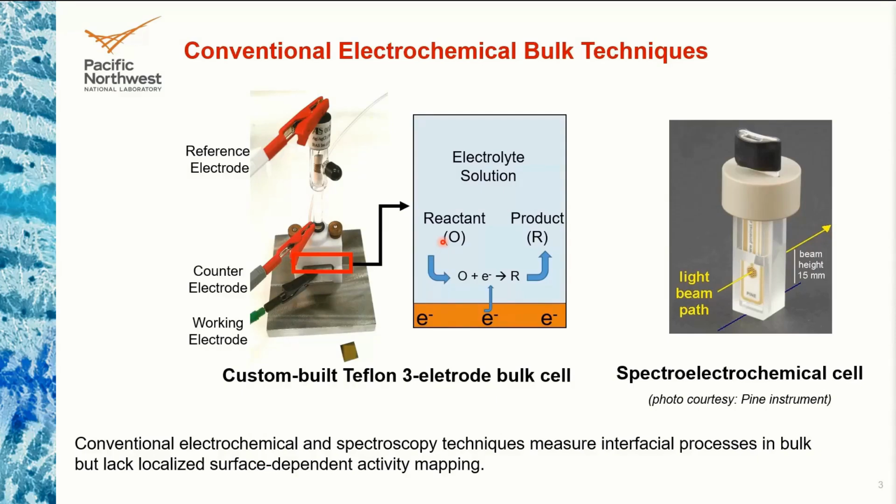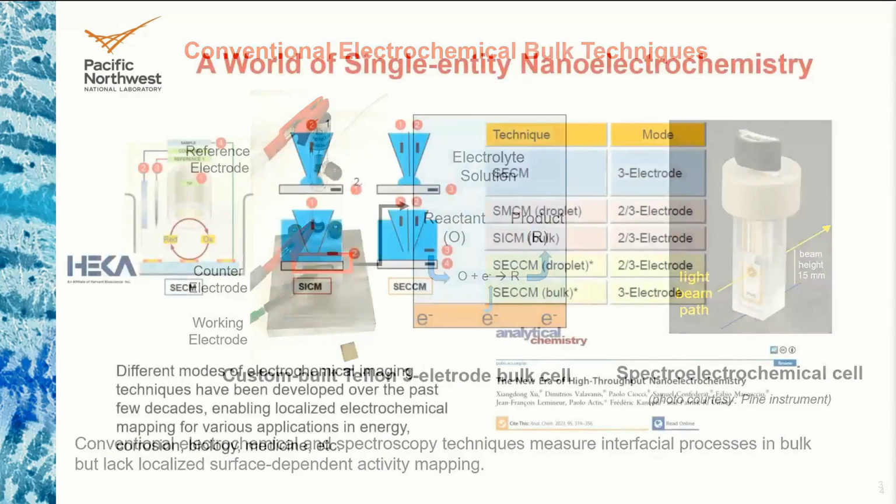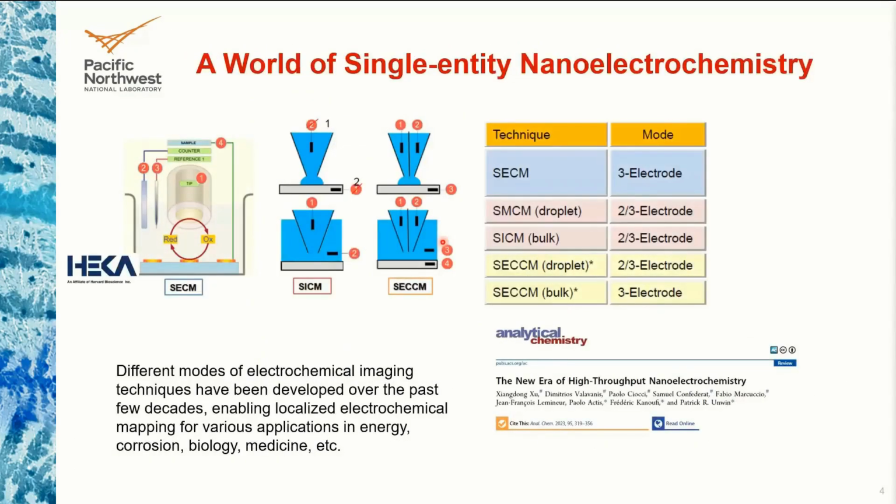To that end, I'm going to introduce one of the techniques that exists in the world of single-entity nanoelectrochemistry. Single-entity nanoelectrochemistry most likely started, at least to the best of my knowledge, when scanning electrochemical microscopy came into existence, wherein they used a microelectrode dipped into the solution and tried to understand how the redox molecules react between the surface and the microelectrode that nears it.